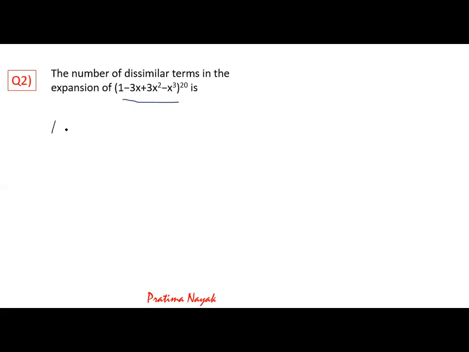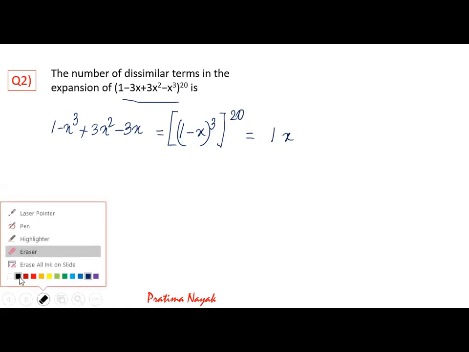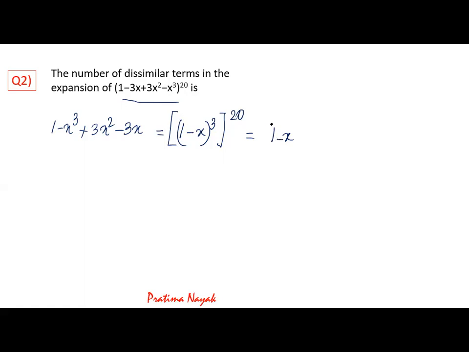Now write this as 1 minus x cubed plus 3x squared minus 3x. Certainly this is (1 minus x) whole cubed, then again to the power 20. So how much will it be? (1 minus x) to the power 60. So how many terms does it have? 60 plus 1, 61 terms.